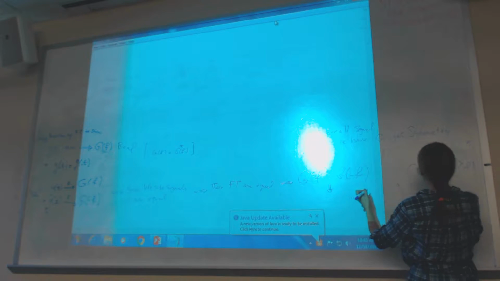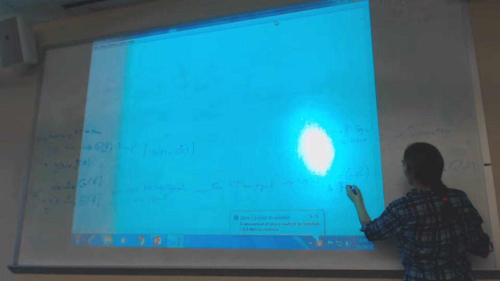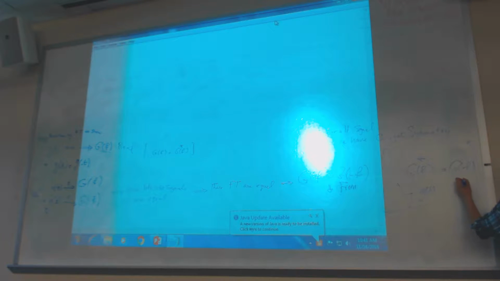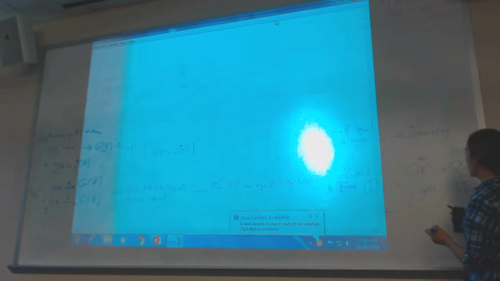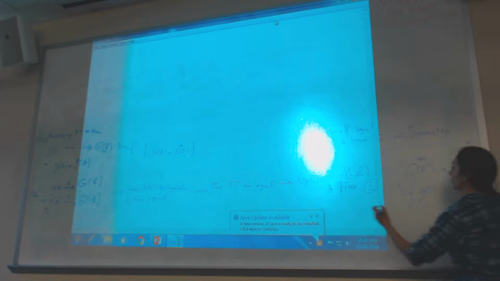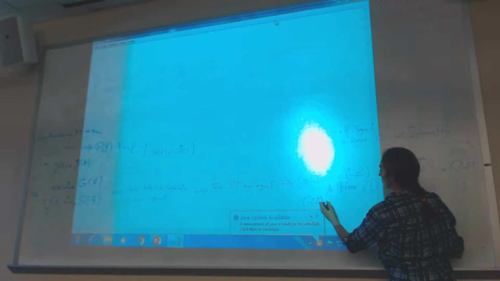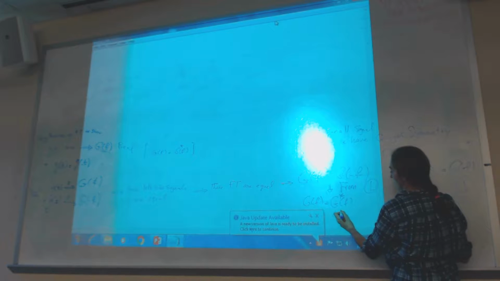So therefore, from this conjugate symmetry, let's say relation 1, what do I calculate? Again, G of f is equal to G of minus f. G of minus f is equal to G conjugate. So G of f is equal to its conjugate. Which means that G of f is real.